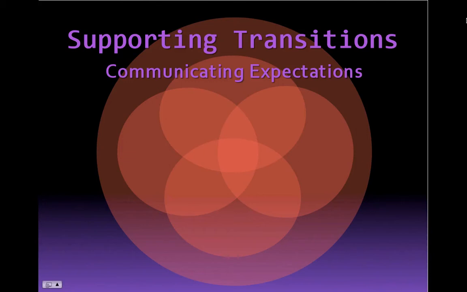Supporting transitions and communicating expectations. Perhaps the best opportunity to successfully transition, or change from one activity to another, or one place to another place, is when we know what to expect. This makes us a lot more successful.